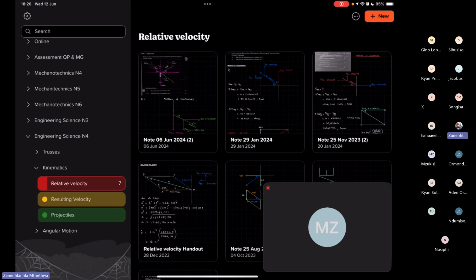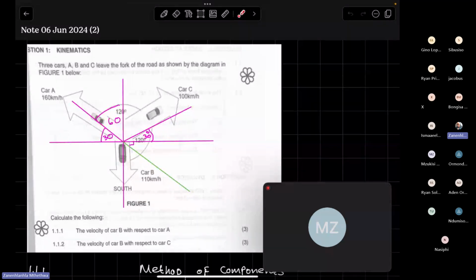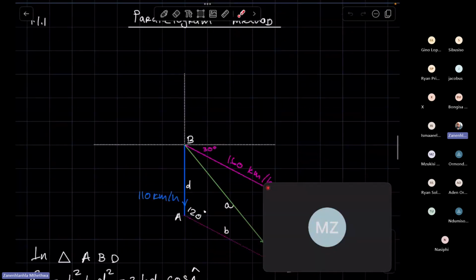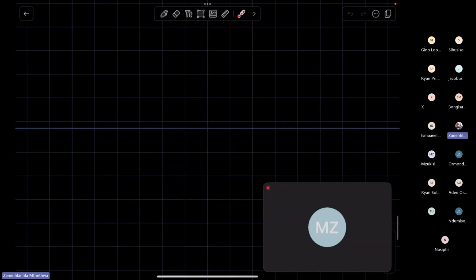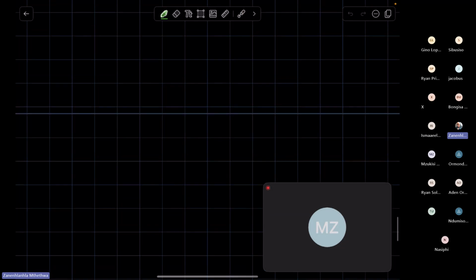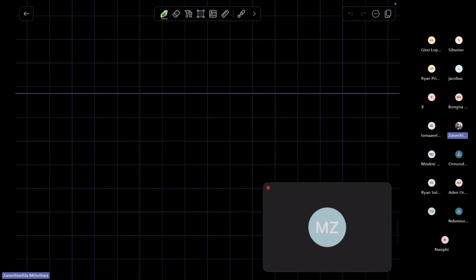This one doesn't necessarily need an exercise. This one I can just simply explain. Now with relative velocity, you're essentially calculating the velocity of one object with respect to another, so compared to another.